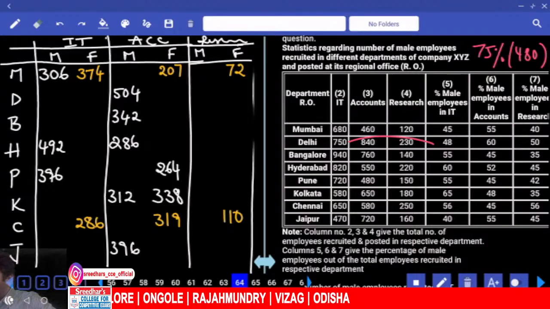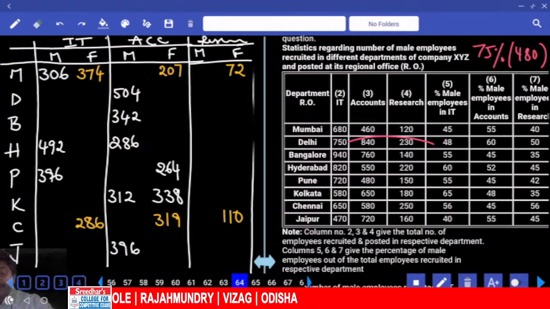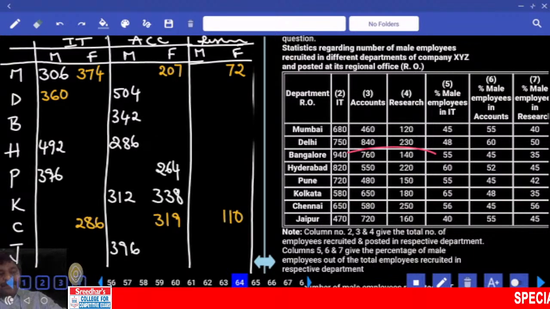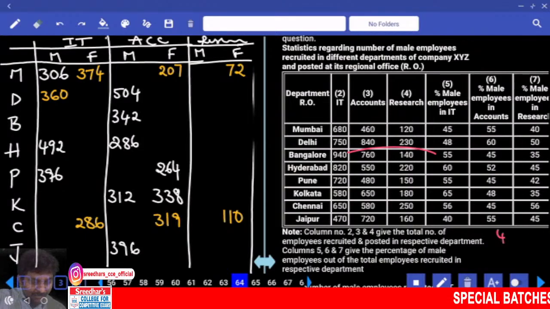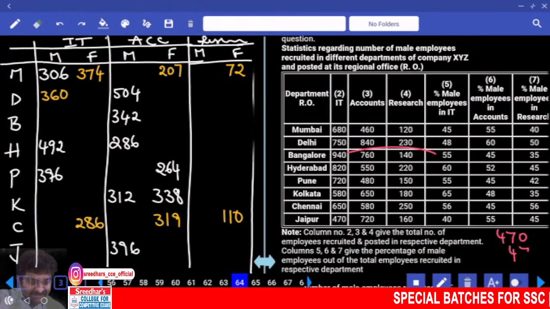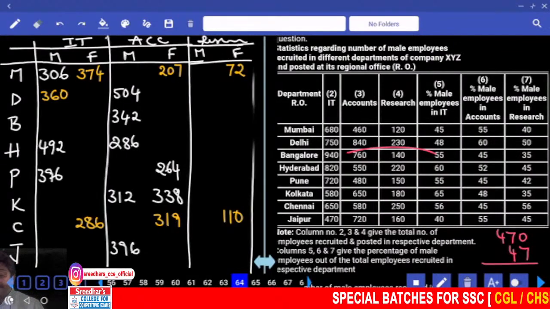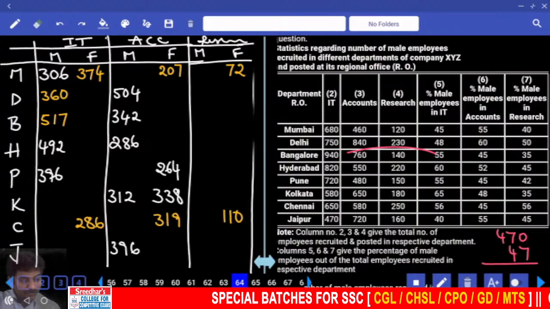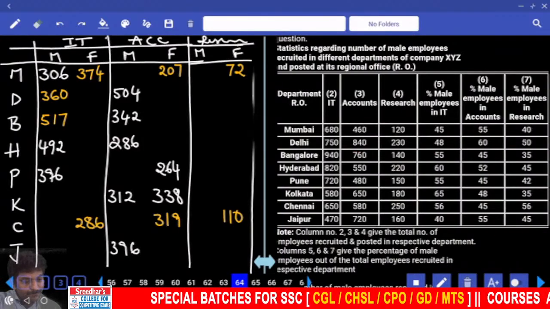Half is 240 plus 120, 360. Next is 55%. 50% plus 5%. 50% is 470 plus 47, 517. Next is Kolkata.